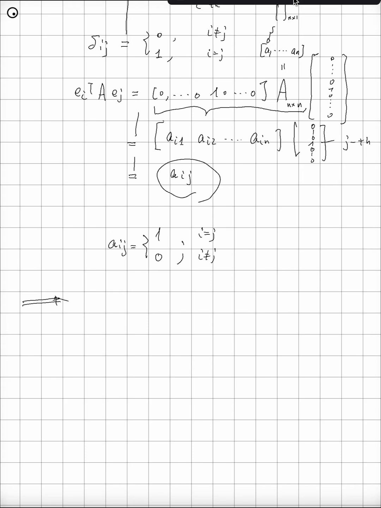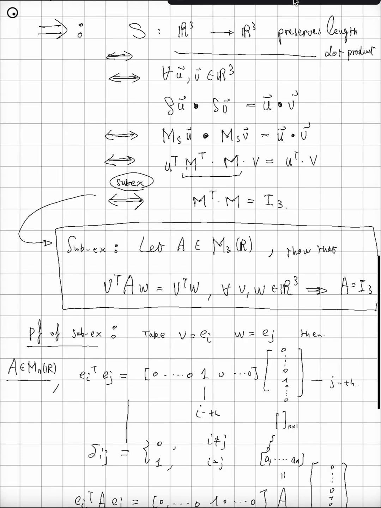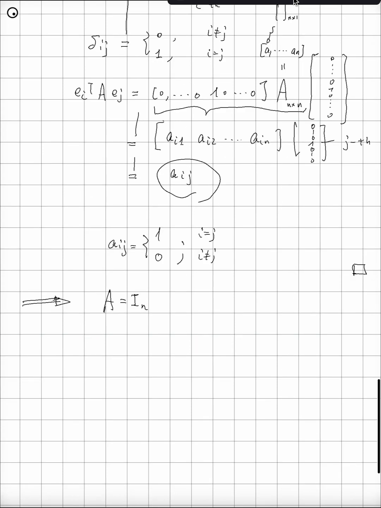This is telling you that A is the identity. Actually, we proved a more general exercise. You see, it's not only for M3, we proved it for Mn, and for any n vectors in Rn, we have proved this is an identity matrix. Okay, finish the proof.